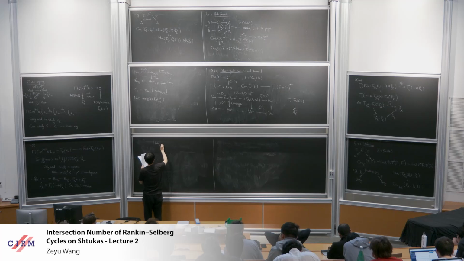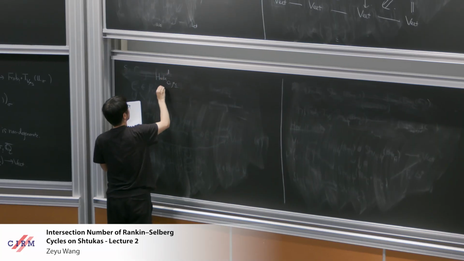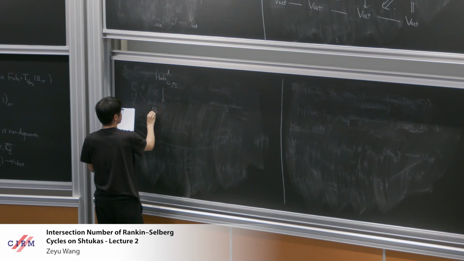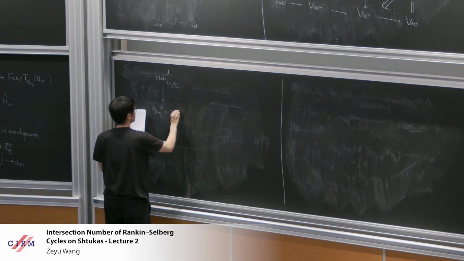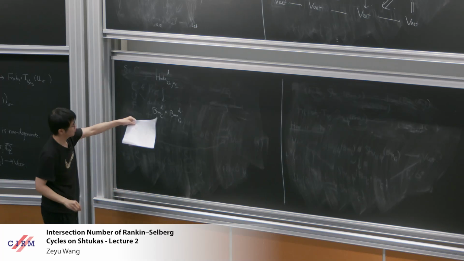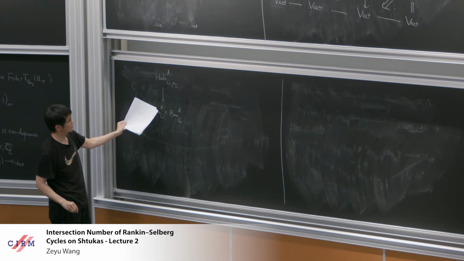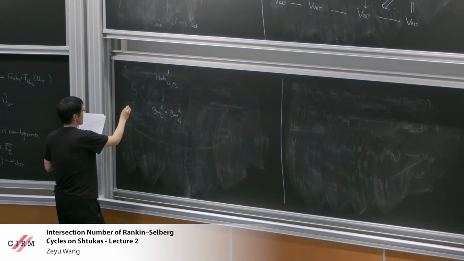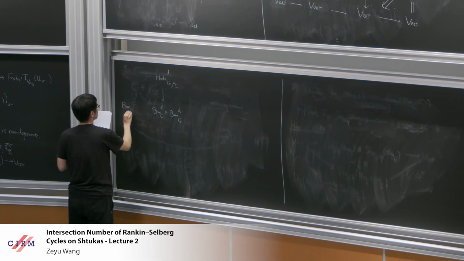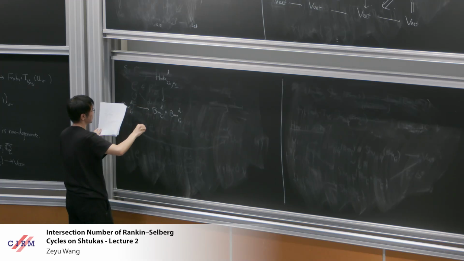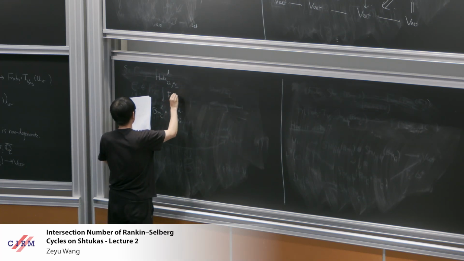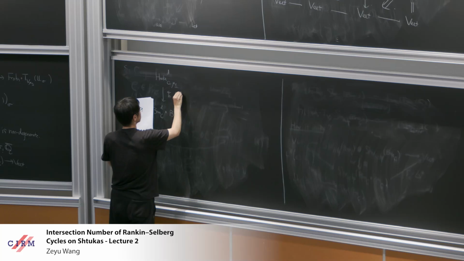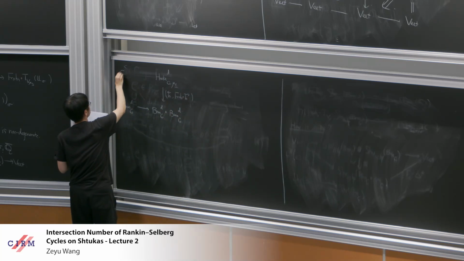You have this Hecke stack of degree D, and it maps to Bun_G D times Bun_G D. Here I'm assuming the Shtukas space is non-empty, so it's really a correspondence between D and D. You form this fixed point locus, but you twist once by the Hecke correspondence map. Then the fixed point locus is really Shtukas.